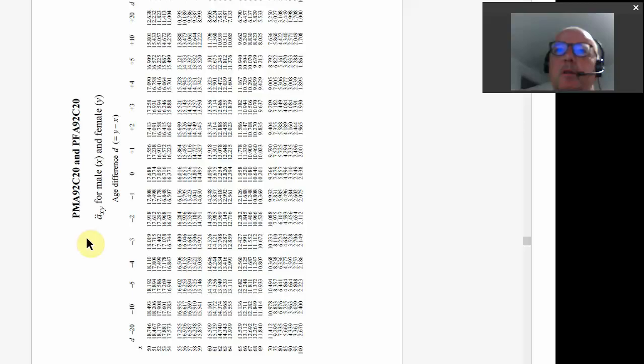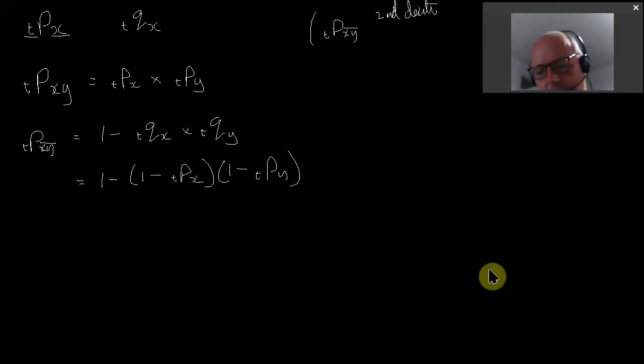But you'll notice in the tables you're only given a-xy, so you're only given the annuity which pays while both lives are still alive. And the reason for this is you can work out what the others are. Okay, so what have we got?